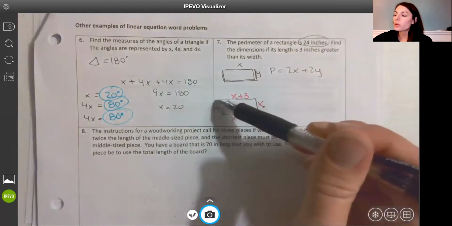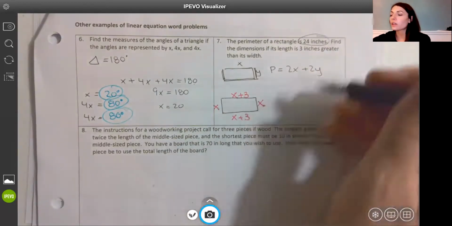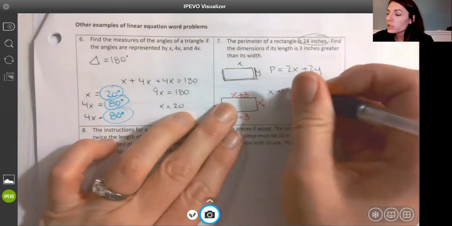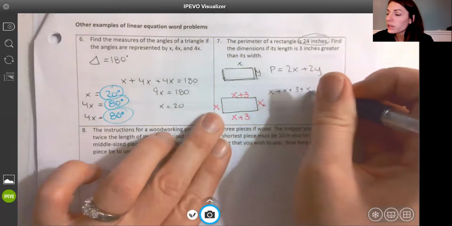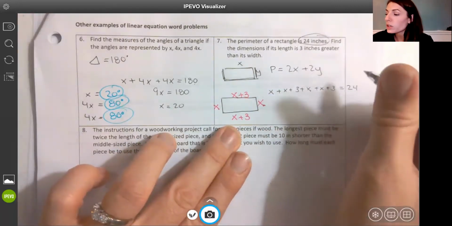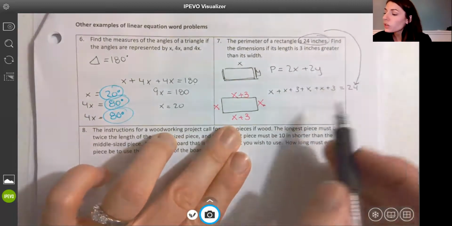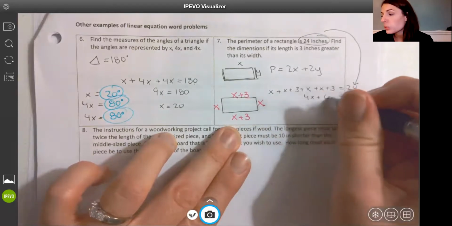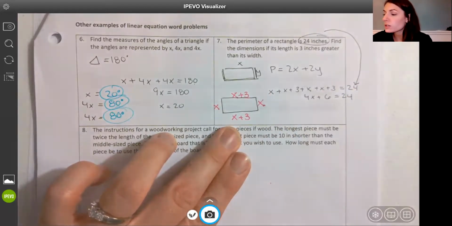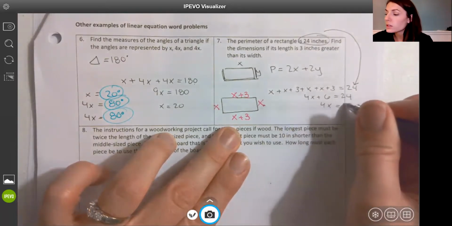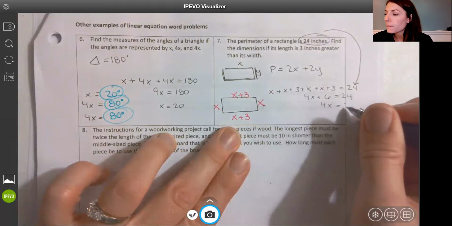In terms of perimeter, there are two ways that I could write it. I could write a string of all of those sides. So I could say I have x plus 3 plus this side, which is x plus 3, equals 24 inches, which then I can say, okay, so I have 4 x's plus 6 equals 24 inches, or 4x equals 18.